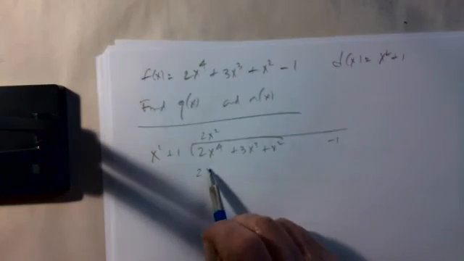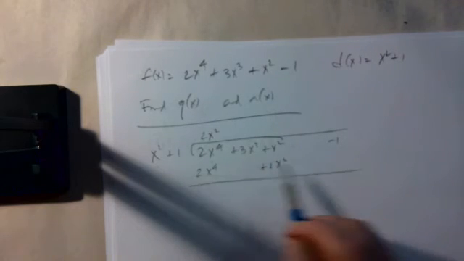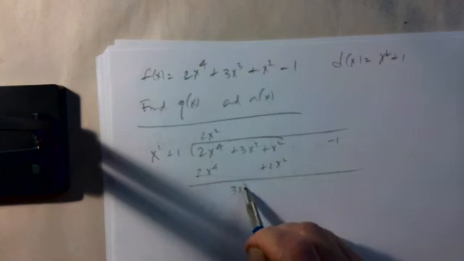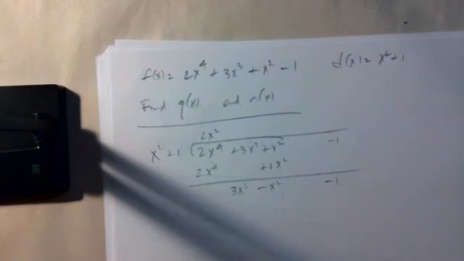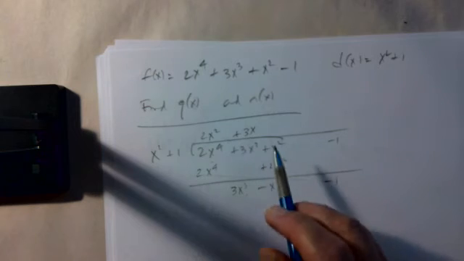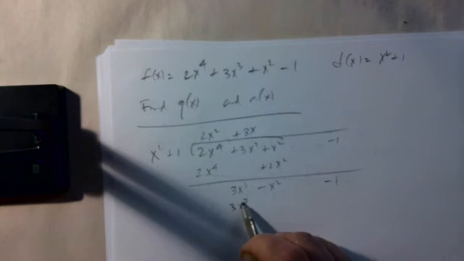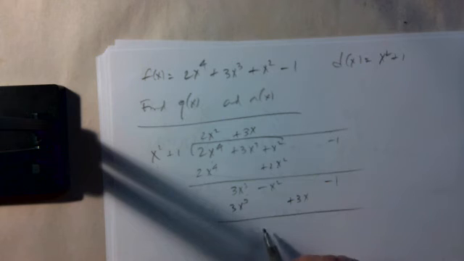So you get 2x to the fourth plus 2x squared. When you subtract, you get 3x cubed minus x squared minus 1. X squared plus 1 goes into this 3x times. So you get 3x cubed plus 3x. When you subtract, you get minus x squared minus 3x minus 1.